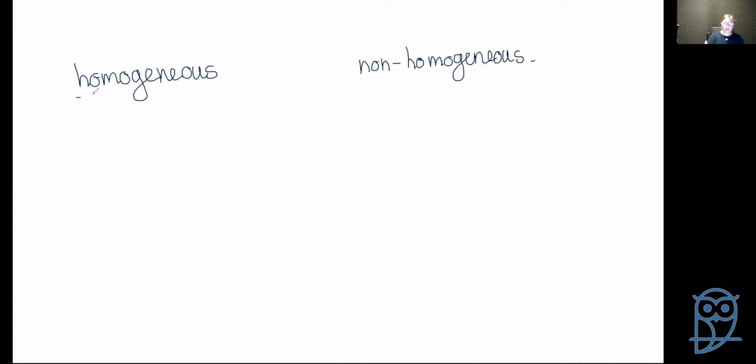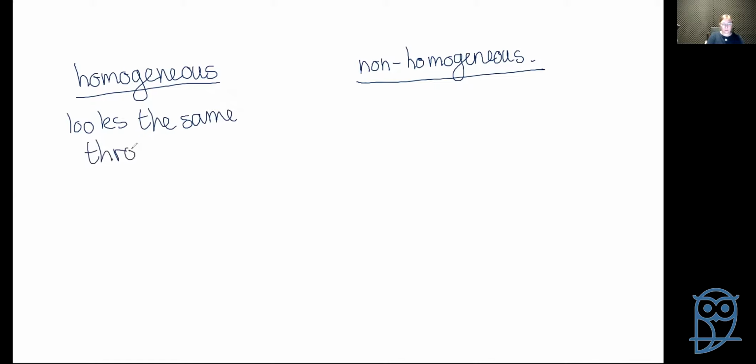Okay, so very big words. And here's what they actually mean. Homo means the same. So this is a mixture that looks the same throughout. Non-homogeneous mixtures are mixtures that don't look the same.